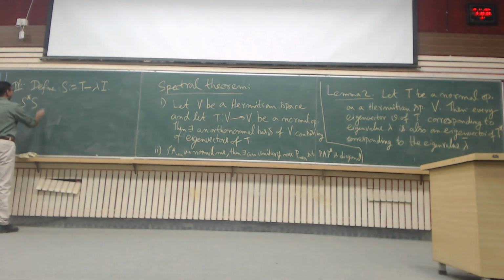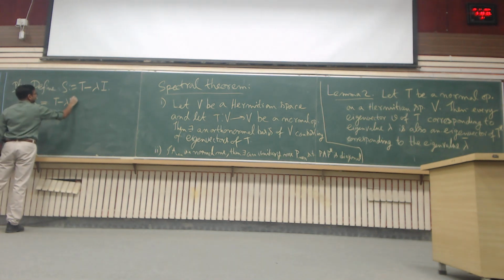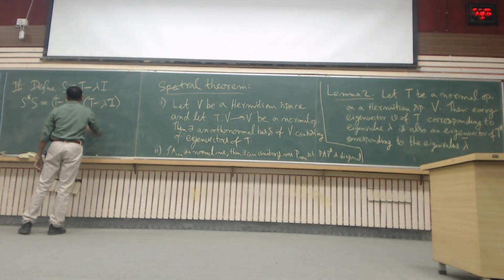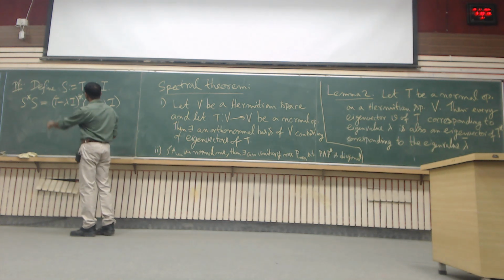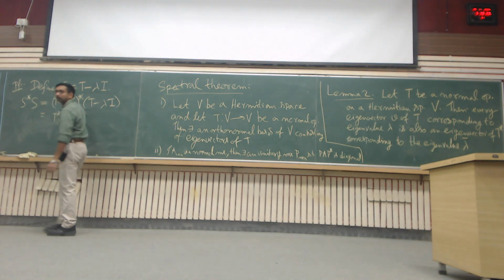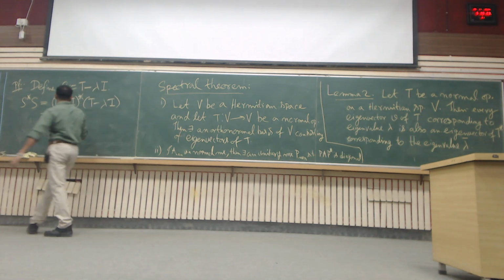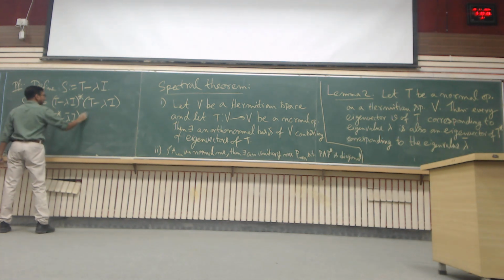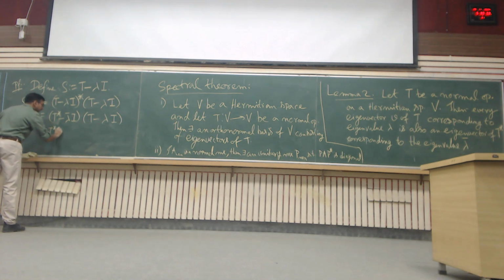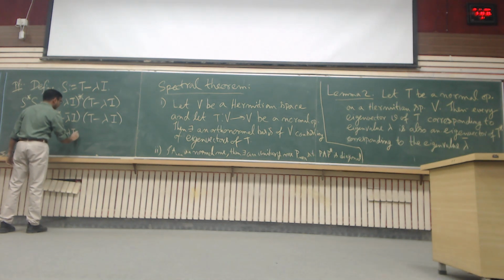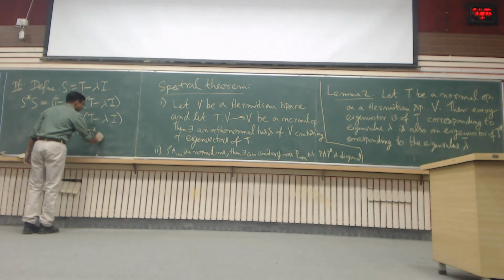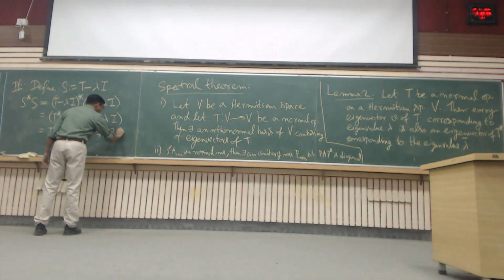This is T minus lambda I star, T minus lambda I. So that becomes T star minus lambda bar I, times T minus lambda I. That is T star T minus lambda bar T minus lambda T star plus lambda squared I.